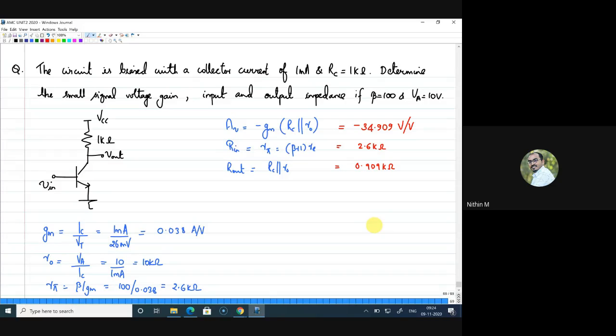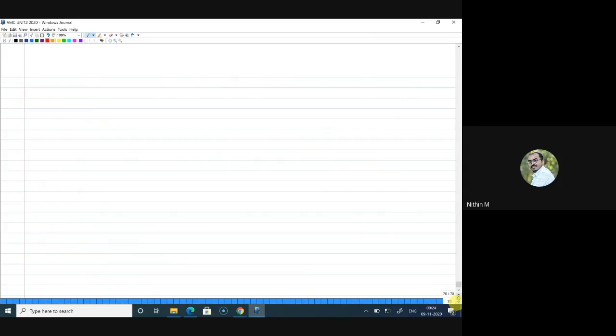And the next question is this. A common emitter stage is biased at a collector current of 1 milliamp.